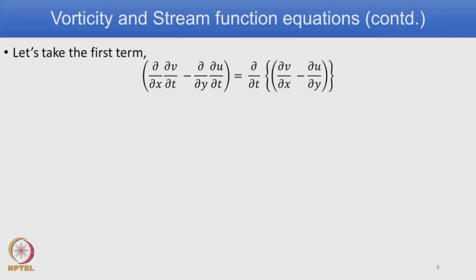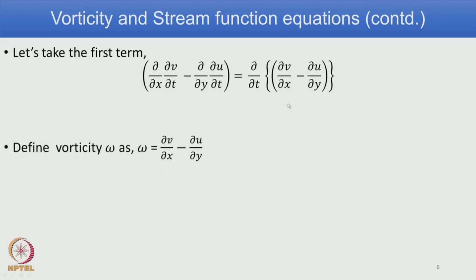that is the unsteady term. So dou by dou x of dou v by dou t, which is coming from the second momentum equation, and dou by dou y of dou u by dou t, which is coming from the first momentum equation, subtract one from the other, and we know this partial derivative can be interchanged. So dou by dou t is common and is taken out, and dou v by dou x minus dou u by dou y is inside of it.